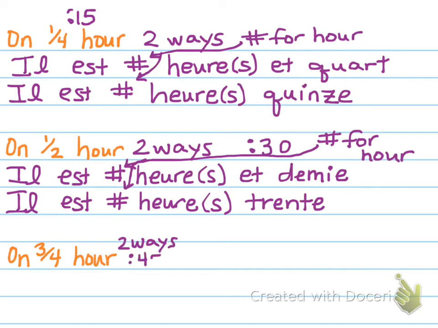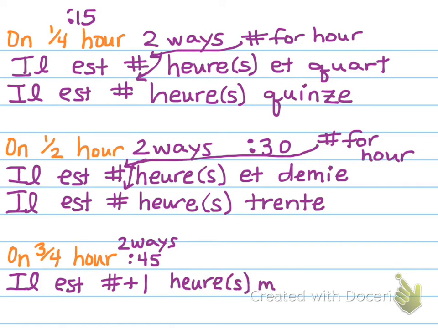To say it's 1:45, it's going to be il est, our number for the hour plus 1 this time, moins le quart. The reason it's the number plus 1 is because you're saying it's a quarter to the next hour.